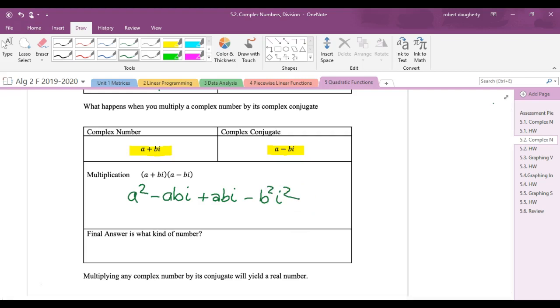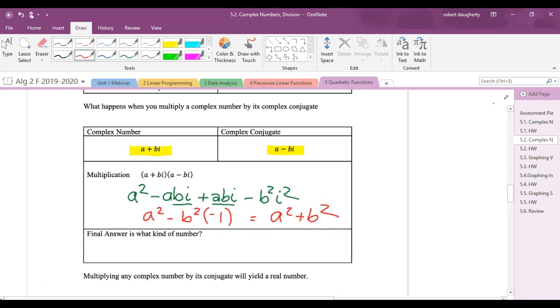What happens to these middle two terms? Those become 0. So this becomes a squared minus b squared i squared, and what is i squared? Negative 1. So this turns out to be a squared plus b squared.